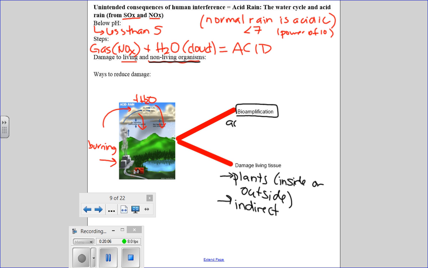I will let you know that acidic water can start to dissolve metal pipes. And I'm going to use lead, Pb, as my example. If acidic water runs through a lead pipe, now lead is in the water.